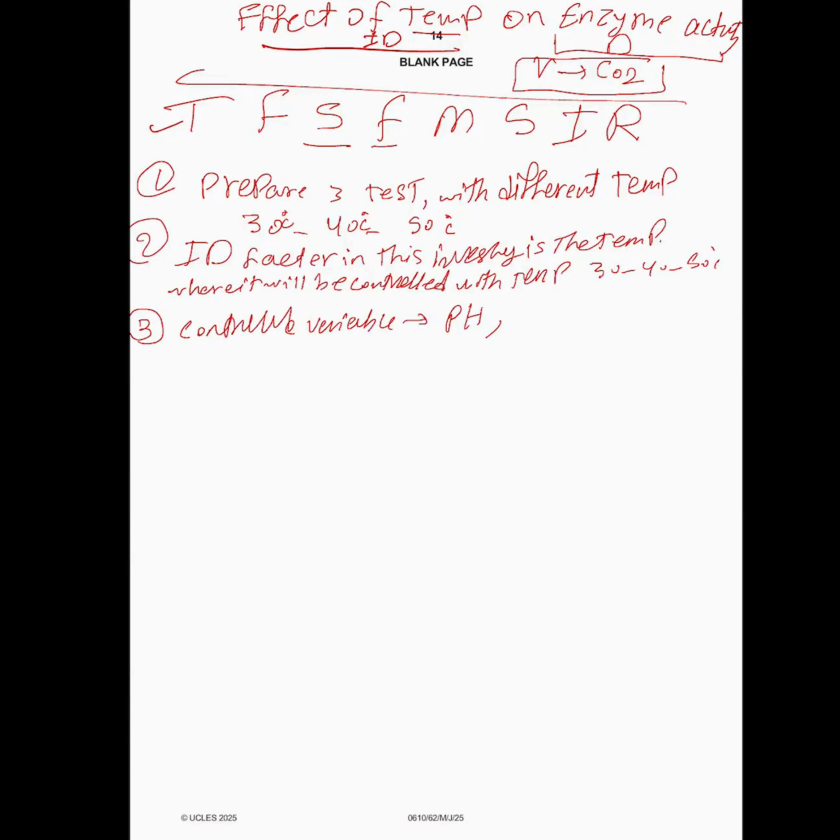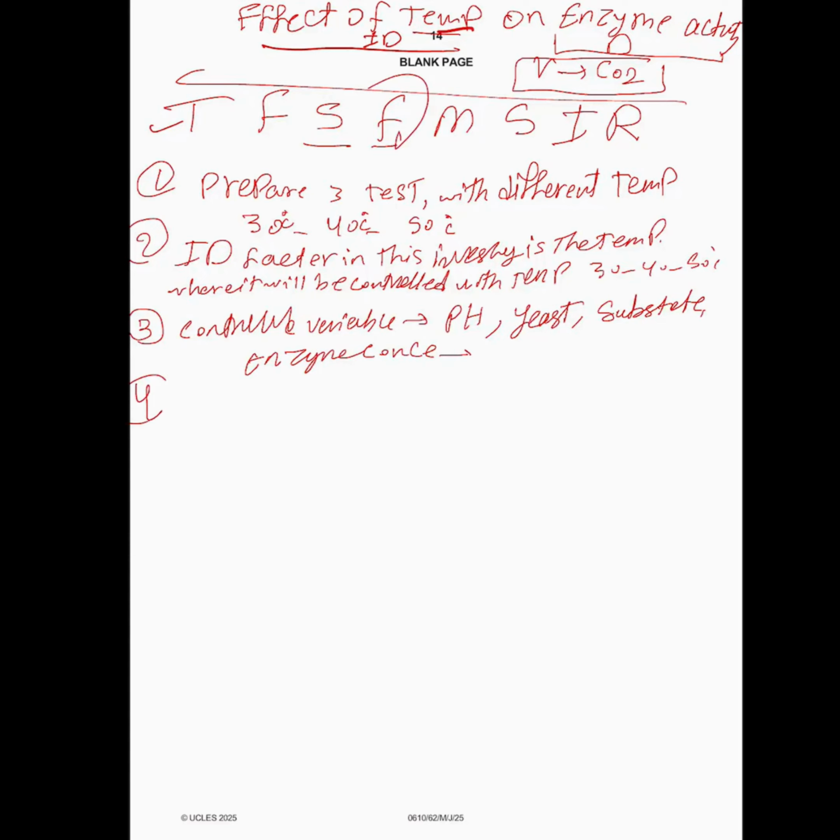I should control the yeast species, yeast kind or yeast type. Since we are doing temperature, I should control substrate concentration. I should control enzyme concentration. So all of these are controlled variables.